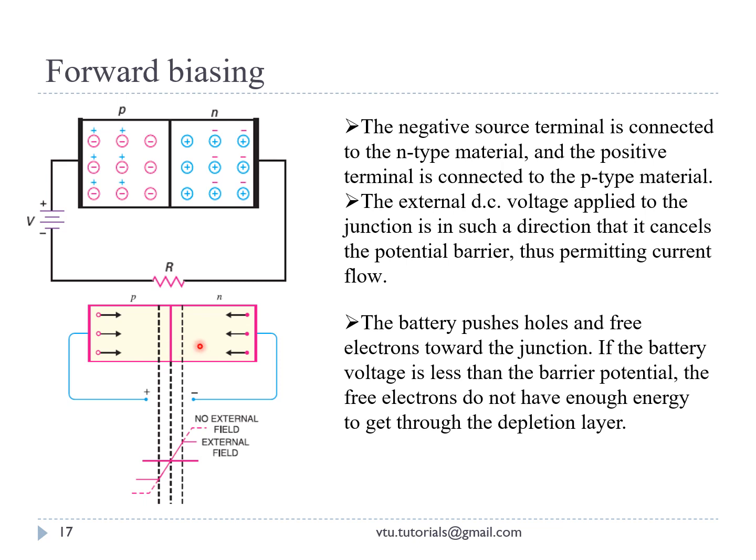When the DC voltage source is greater than this potential barrier, the battery again pushes the holes and the free electrons towards the junction. This time, the free electrons have enough energy to pass through the depletion region and recombine with the holes in the P type.